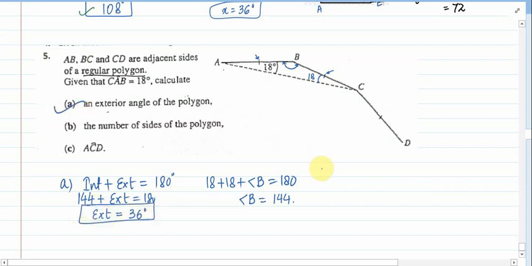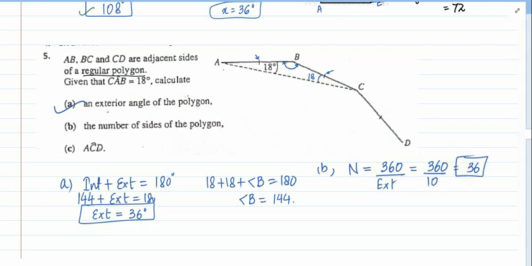Alright, for part B, it says the number of sides. The number of sides is basically what? It's 360 divided by the exterior angle. You have the value of the exterior angle and it's 36, so that means the polygon has 10 sides. And now you need to find out the angle ACD. By ACD, it means this angle, right? It's very simple.